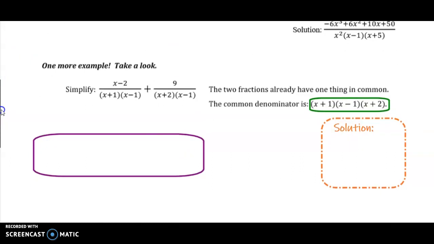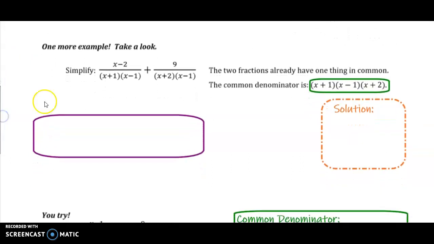So now looking at one more example. Now the two fractions already have one thing in common in the denominator. So our common denominator does not need all four of those factors. I only need one of each factor.